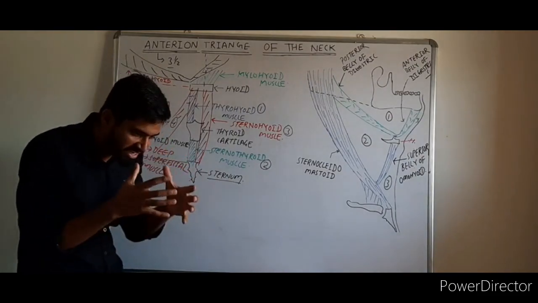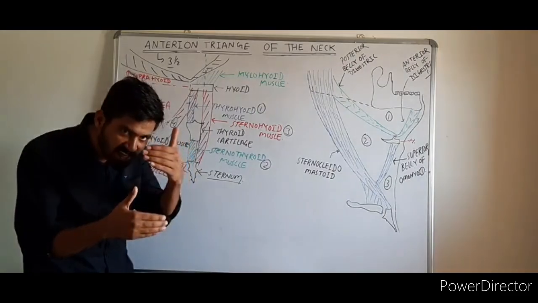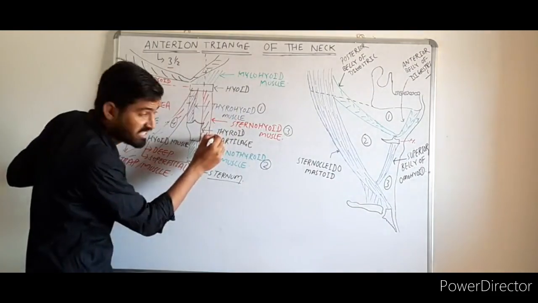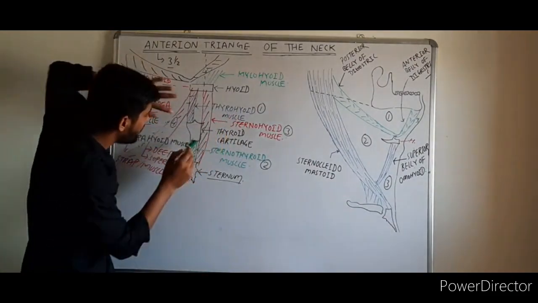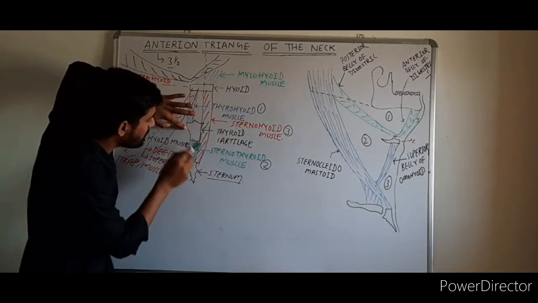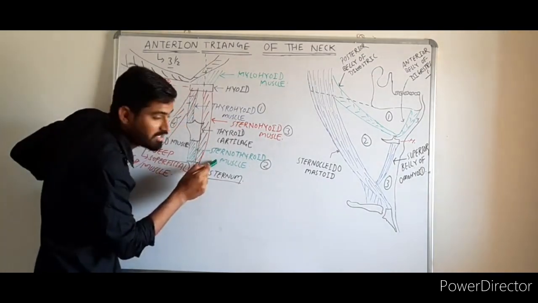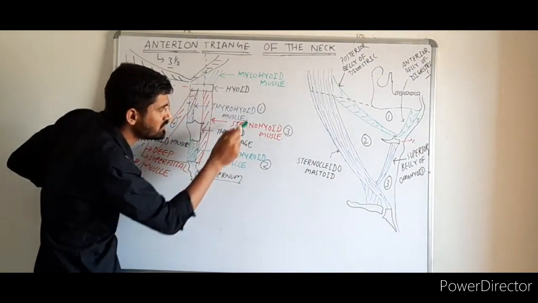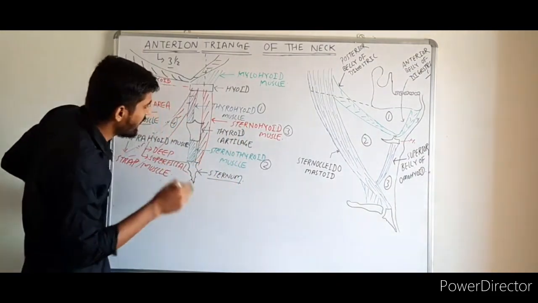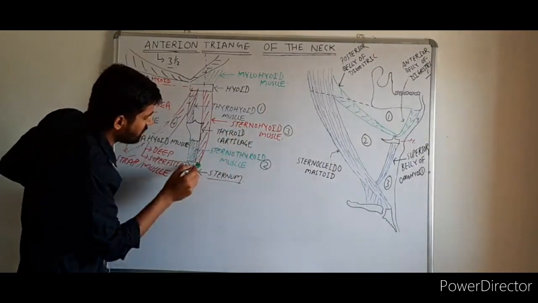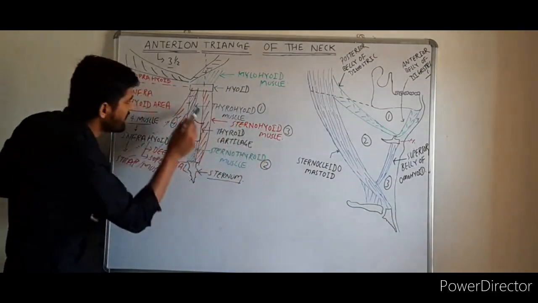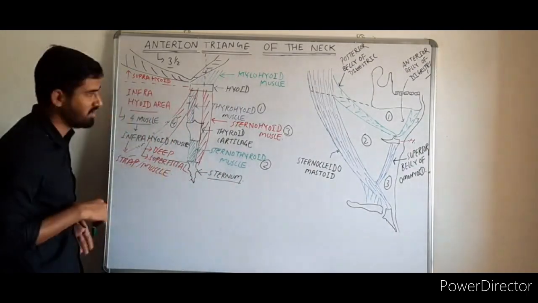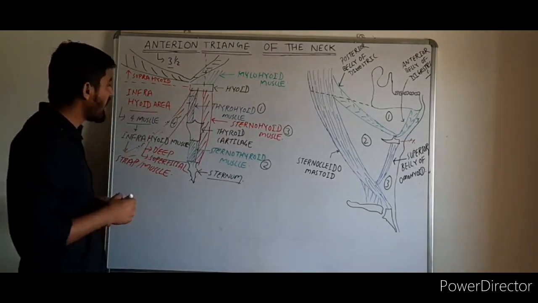Deep infrahyoid muscles are connecting structures. So hyoid and thyroid are connected by the thyrohyoid muscle, and thyroid and the sternum are connected by the sternothyroid muscle. So these two, thyrohyoid and sternothyroid, are the deep muscles. And sternohyoid, from sternum to hyoid, and the superior belly of omohyoid, both are superficial muscles.